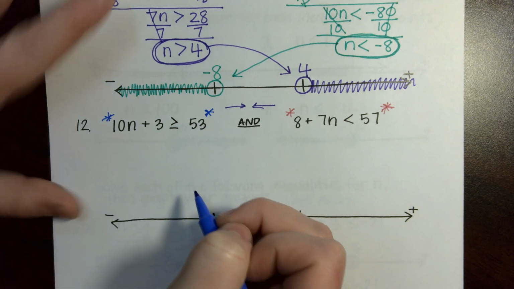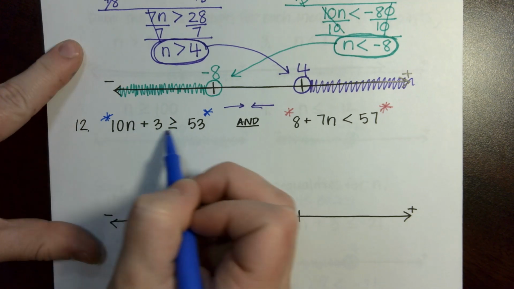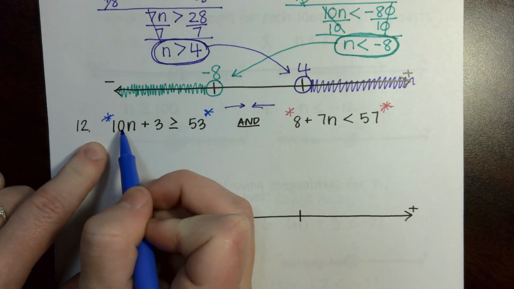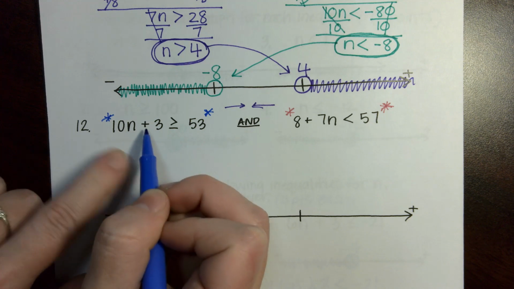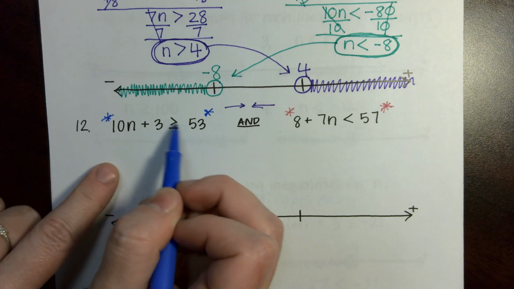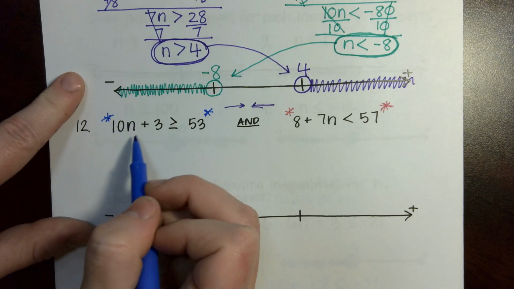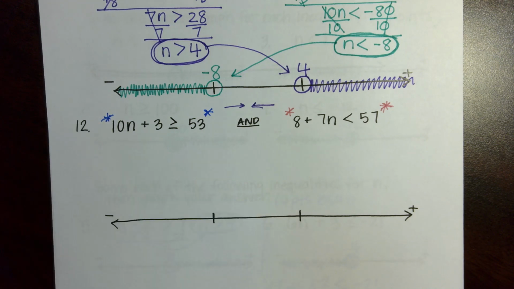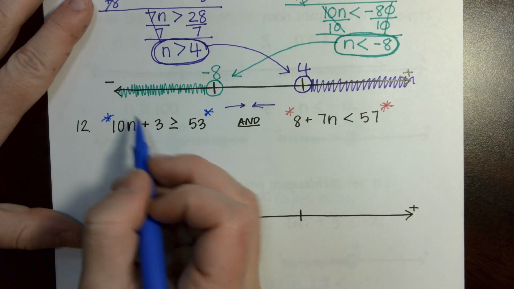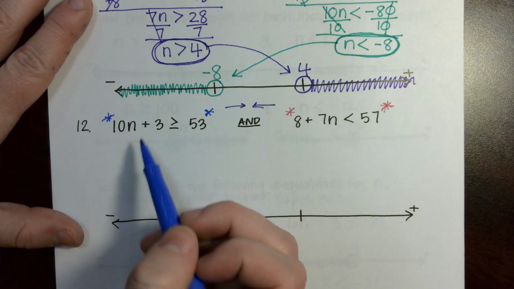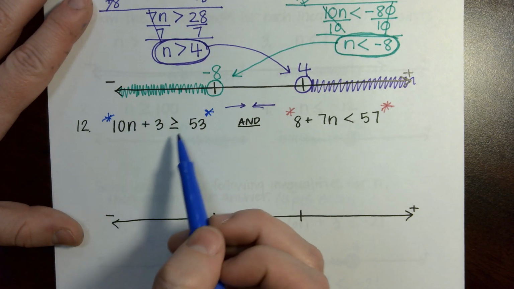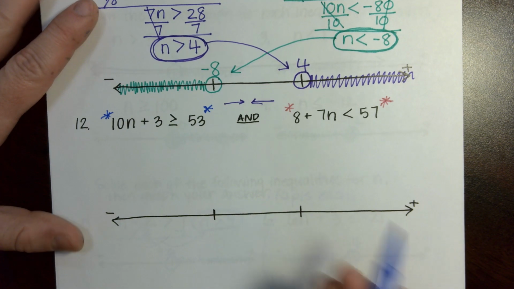Okay, what do I do first here? Not 10. 3. Yeah, so let's look at every part of this. I have 10 times n plus 3 is greater than or equal to 53. So if I subtracted n or 10, I just couldn't do that since it's connected to my n and it's being multiplied by n. We want to do our plus 3 first.